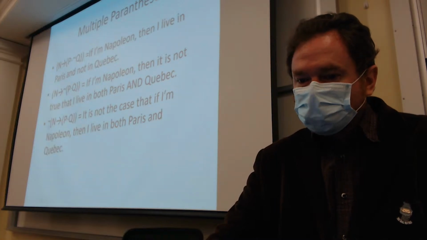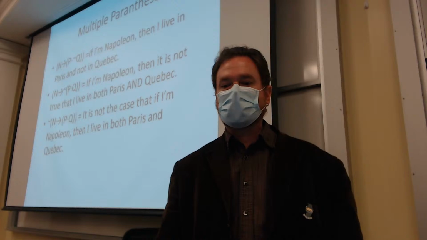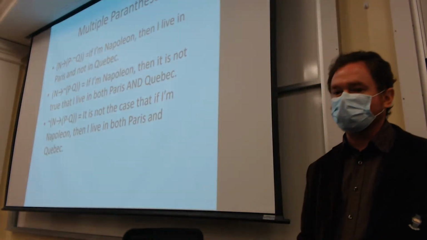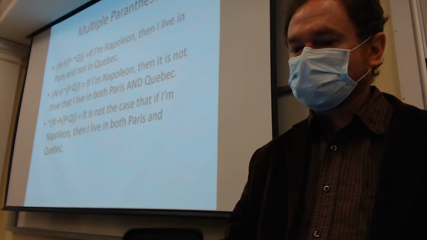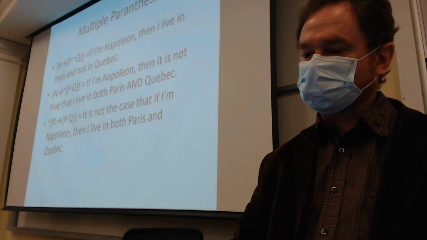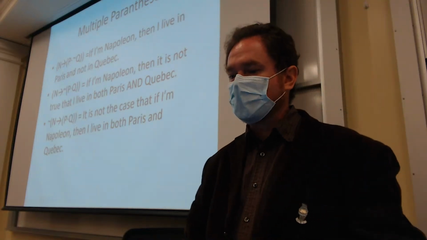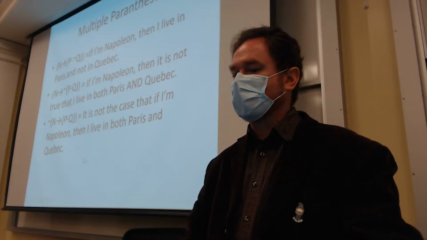Finally, we can put the negation all the way on the outermost parentheses so that the entire complex three constituent statement is false. So this third one is the claim: it is not the case, the negation goes all the way on the outermost, it is not the case that if I'm Napoleon, then I live in both Paris and Quebec.